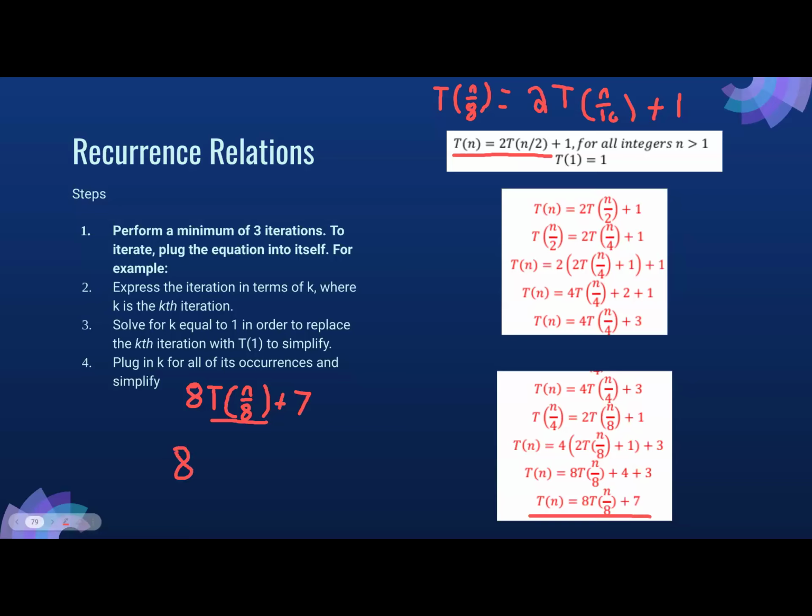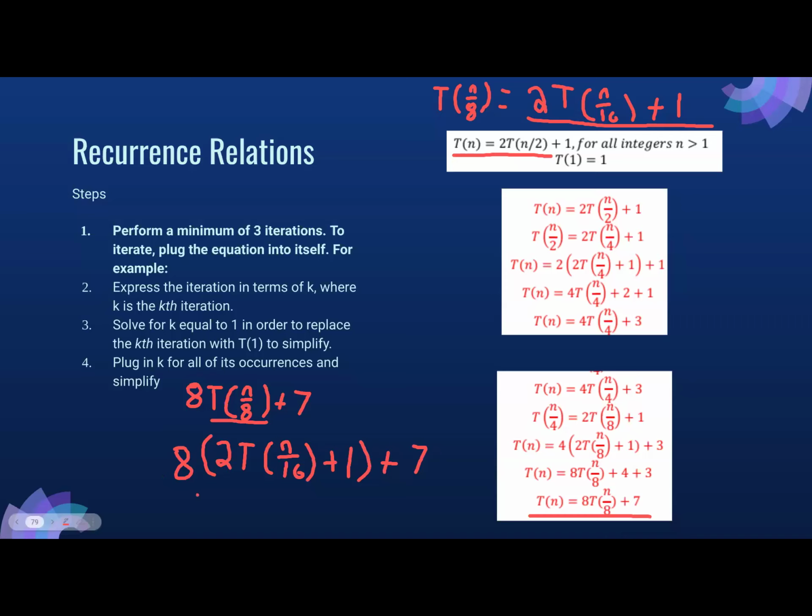We are now left with 8. We plug in t n over 8 equal to this because we figured out that that's what it is. So 8 times 2 t n over 16 plus 1, plus 7, right? So now we're almost there.